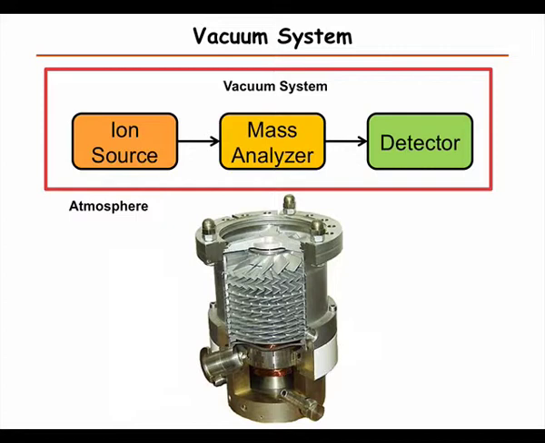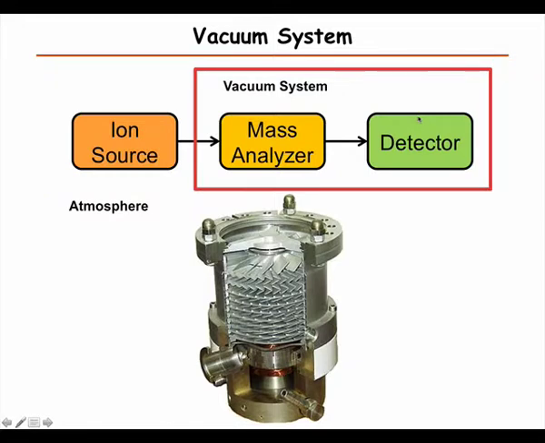As we saw in the MALDI system, we have the atmosphere completely outside, but usually in most electrospray systems the ion source is outside in the atmosphere, and we have to bring the ions into the vacuum system. This shows the most common vacuum pump, which as you see is a bunch of blades that rotates at very high frequency.